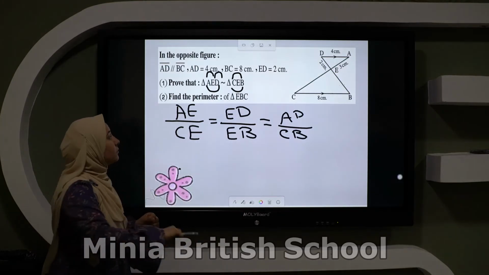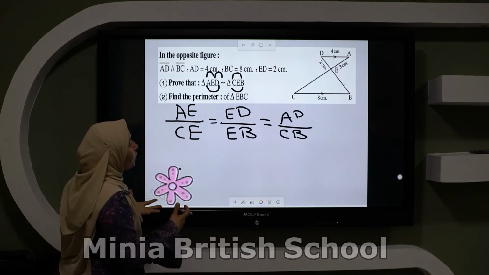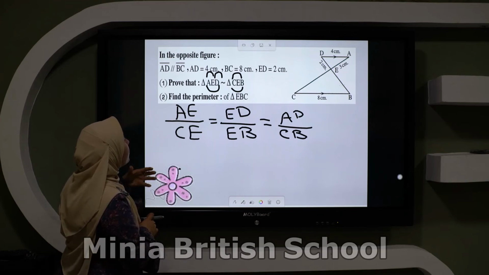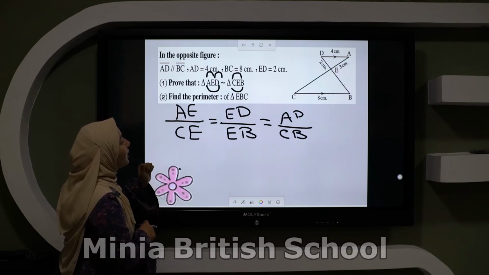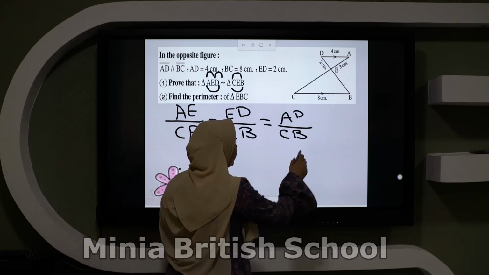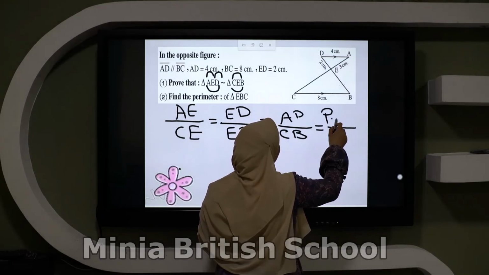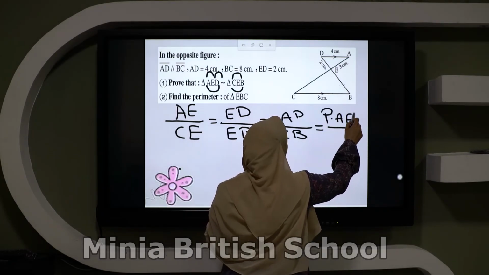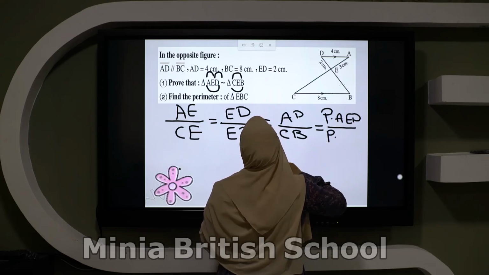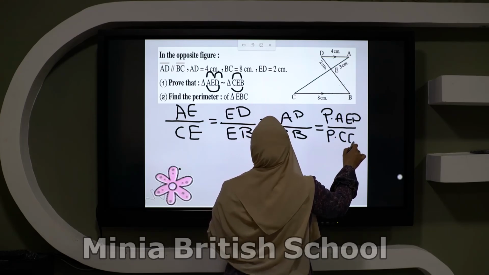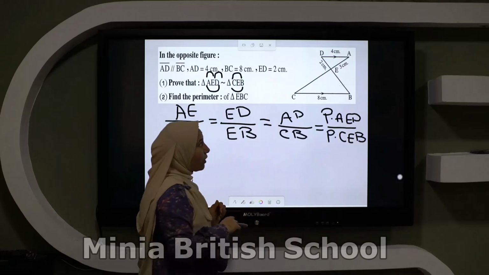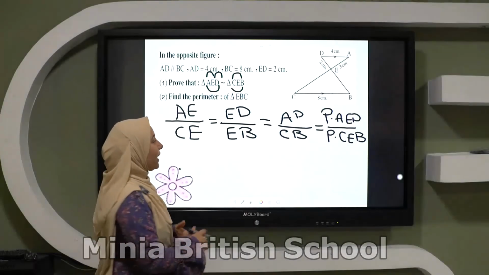Also, the perimeter of the triangle AED over the perimeter of the triangle CEB is equal to any of the ratios.